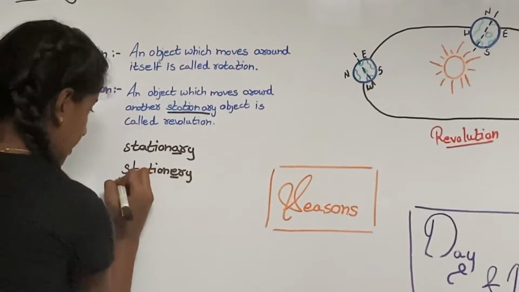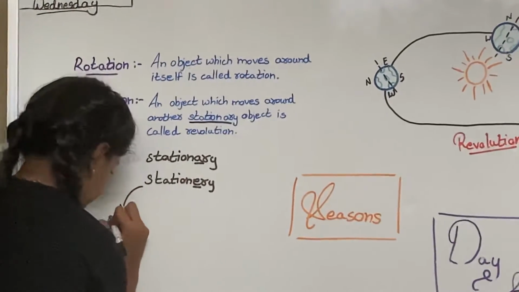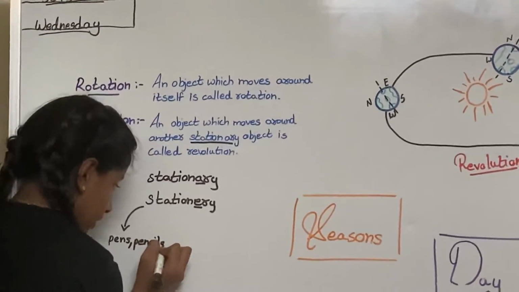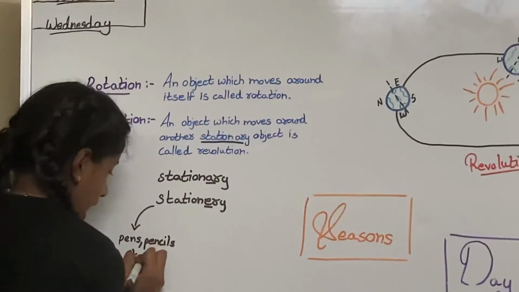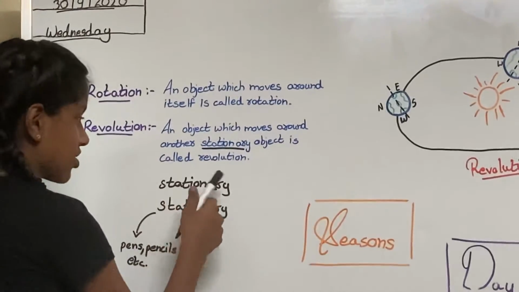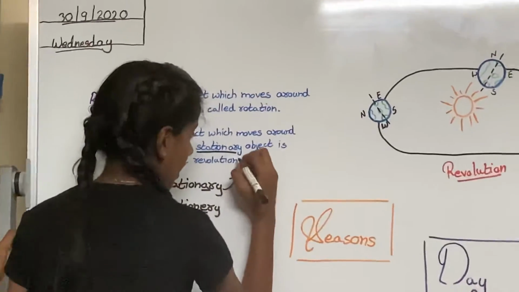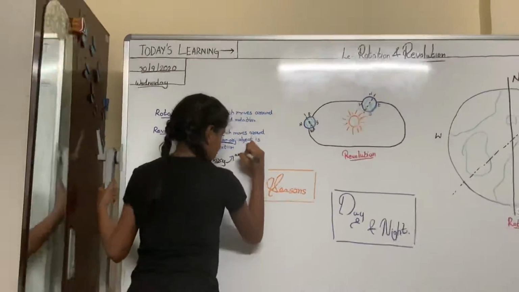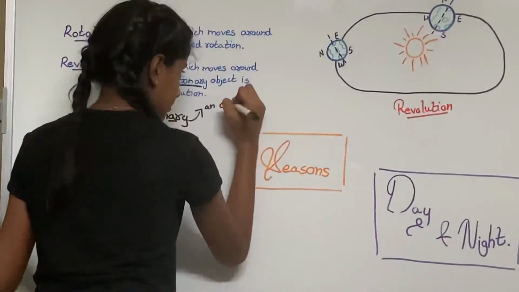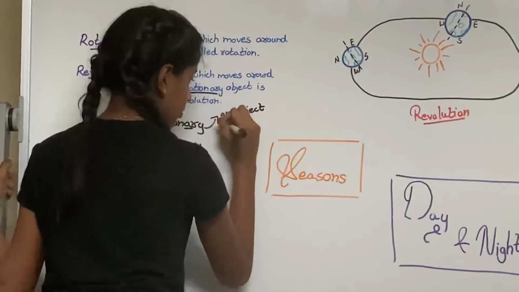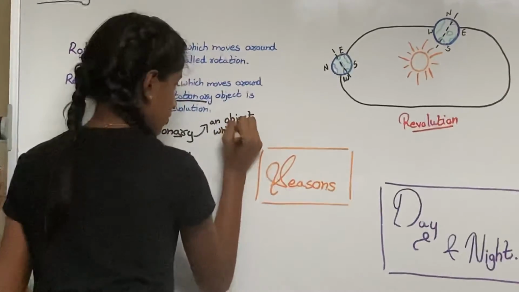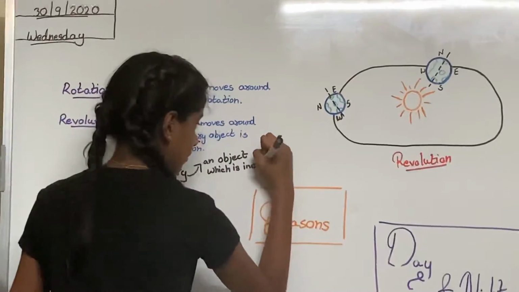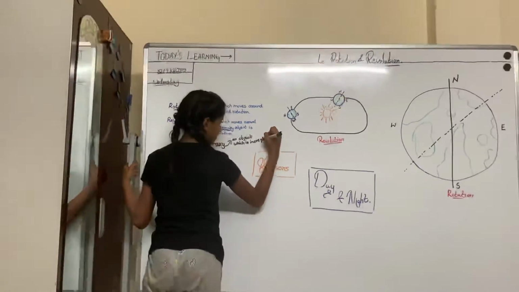This stationary relates to our pens, pencils, books, etc. And this stationary means an object which is in one place.